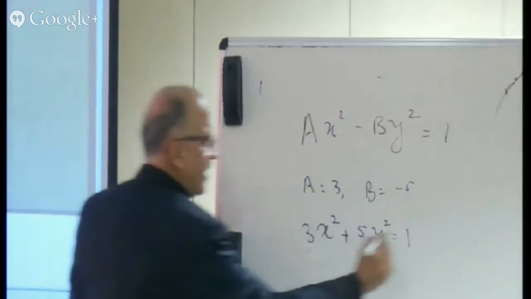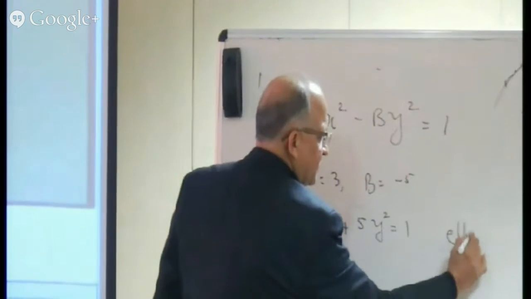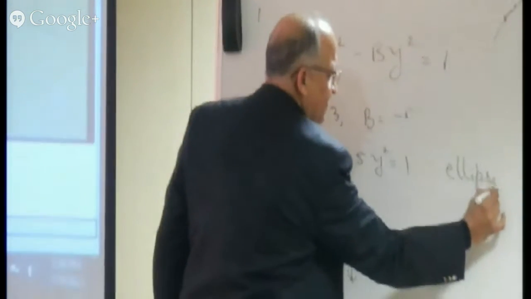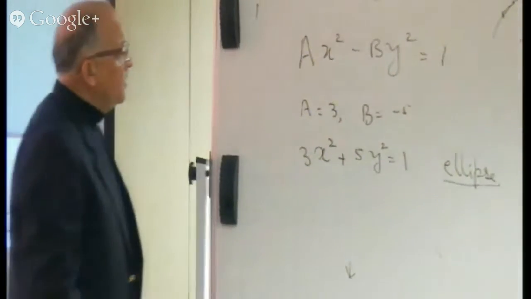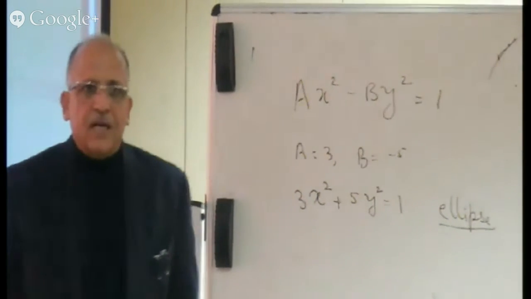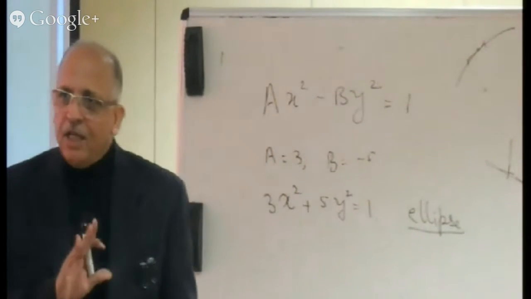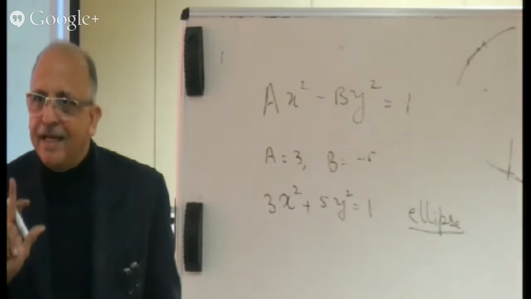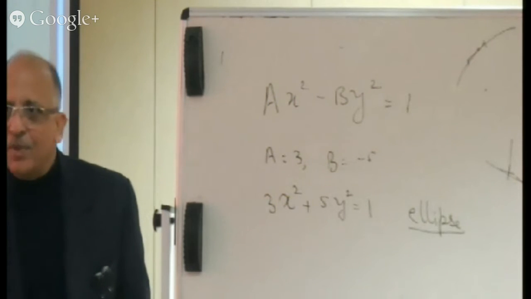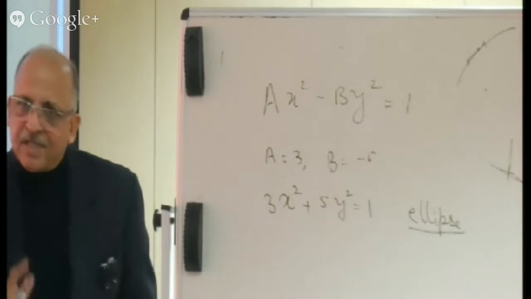We'll see why. So I wanted you to understand it well. Given any equation in x and y in second degree, you understand what is the second degree equation? What is the first degree equation?